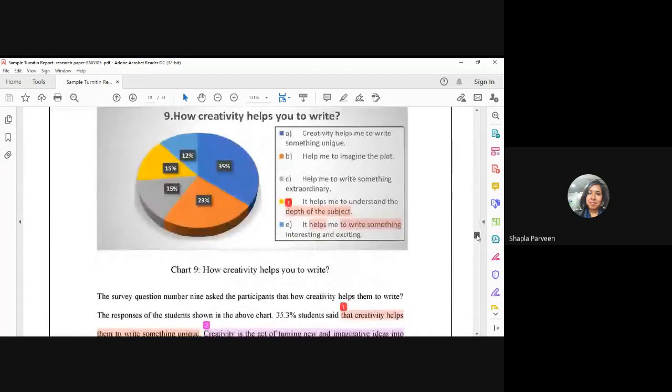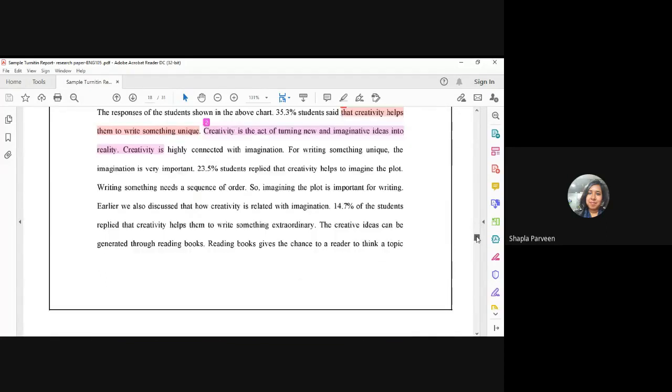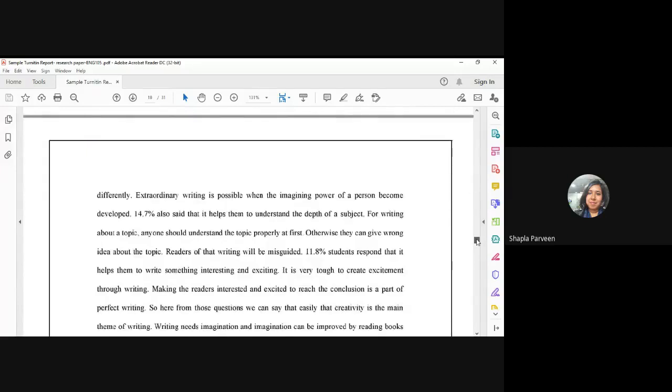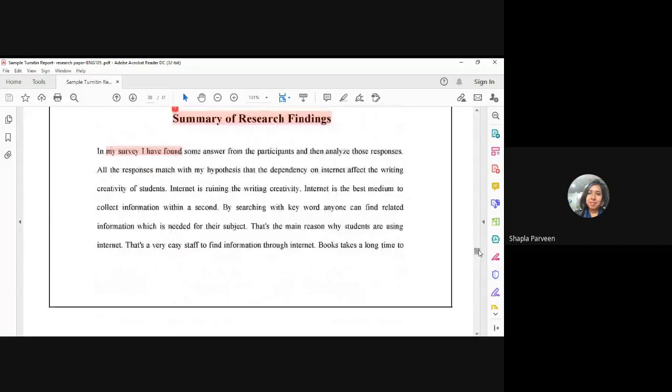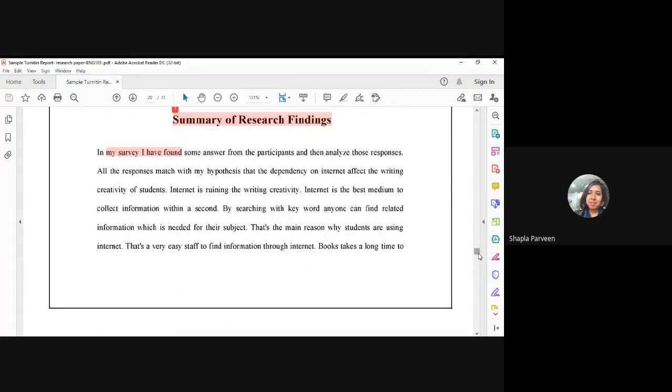You can see the different charts, different figures have been used for all the survey questions. So this is how you're going to write. And then the summary of the research findings. This is also original, you can see, the highlights are less.